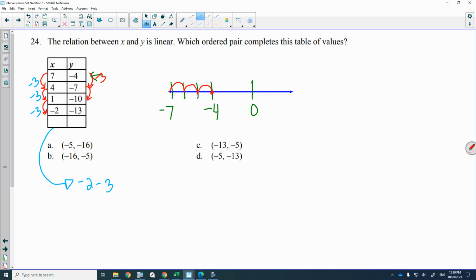This again, -7 to -10 is -3, and this as well, -3. So it would be -13, -3, and what answer would you get? That would give you -16. This guy would give you -5. Which ordered pair would it be? Sorry? It'd be A. Yeah. That's your X, that's your Y.